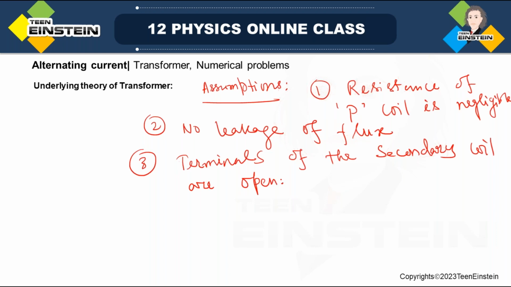So these are three assumptions. I'll let you know whenever there are applications of these assumptions.